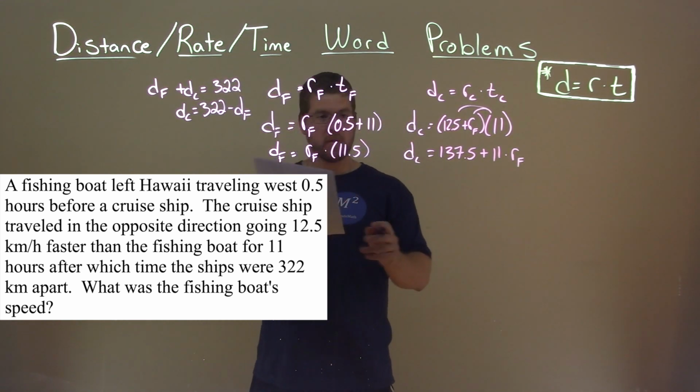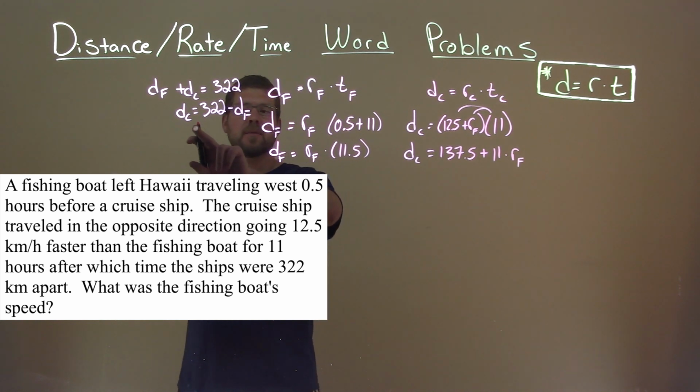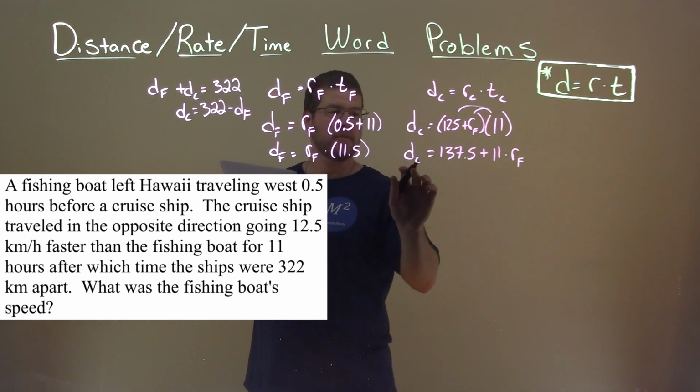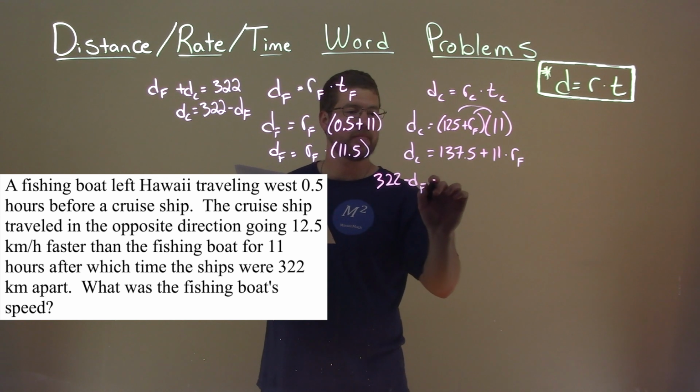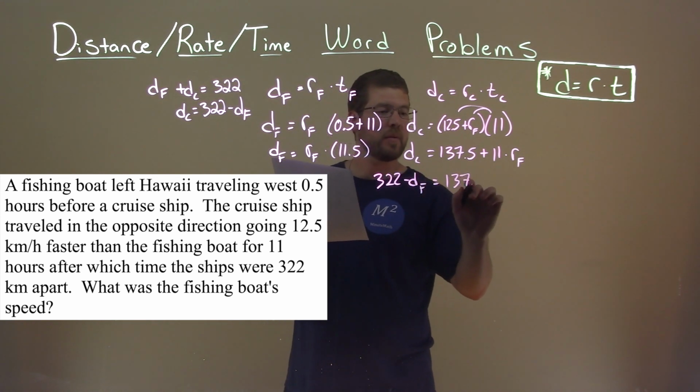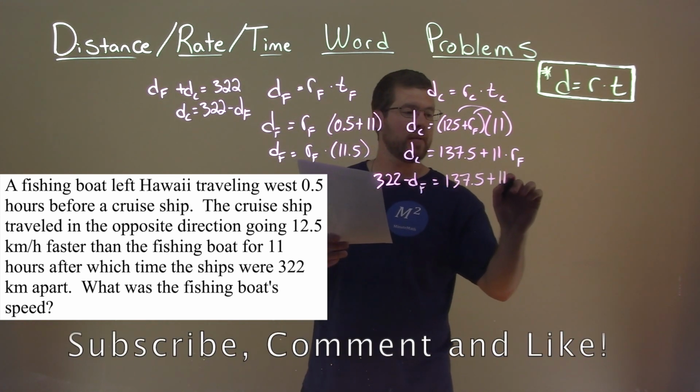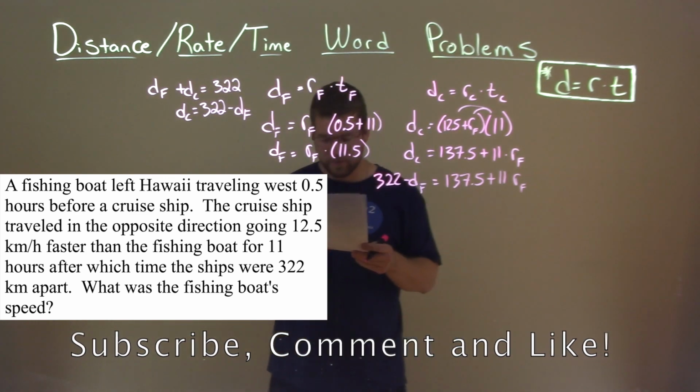Okay. Well, we found d sub c is equal to 322 minus d sub f. So I can replace that here. So instead of d sub c, I'm going to write 322 minus d sub f is equal to 137.5 plus 11 times r sub f.